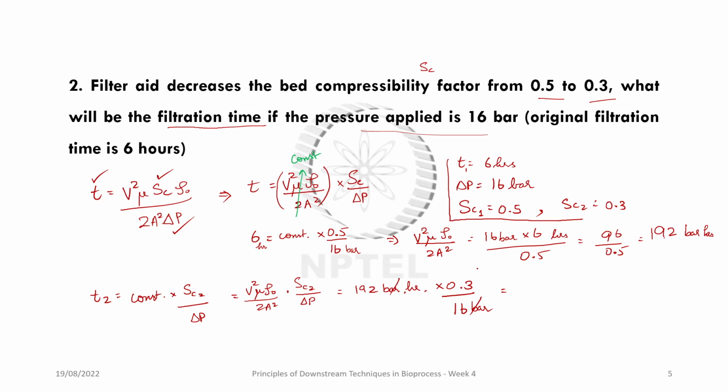I'm going to use my calculator. 192 into 0.3 is 57.6. 57.6 divided by 16 is 3.6 hours.